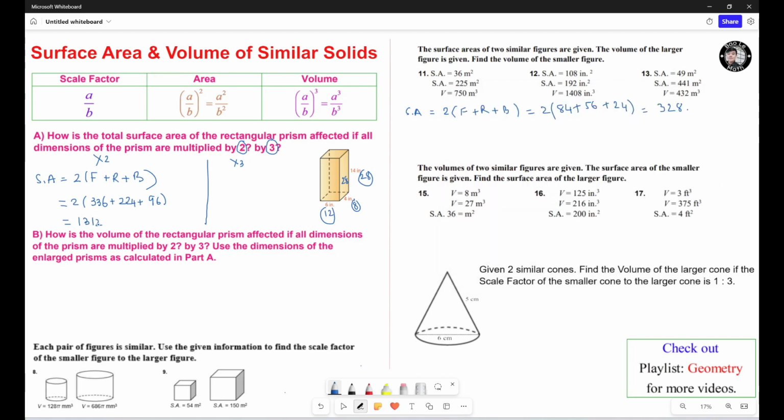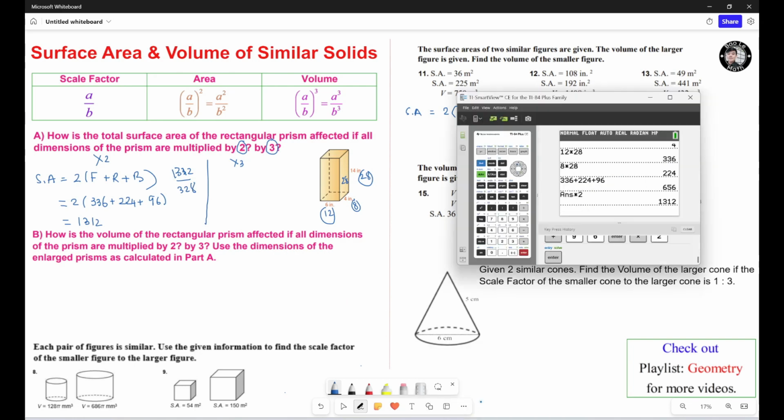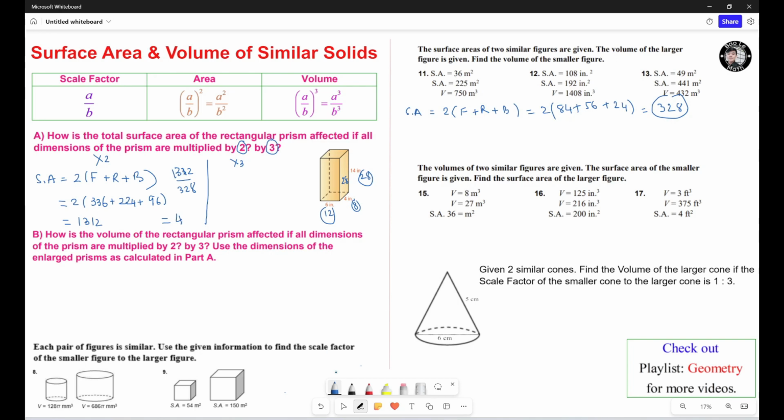Now you take 1312 and divide by 328 right here. Okay? So 1312 divided by 328 equals 4. Alright, so you see that the ratio of the surface area equals 4.